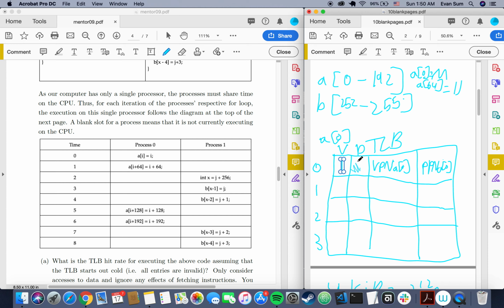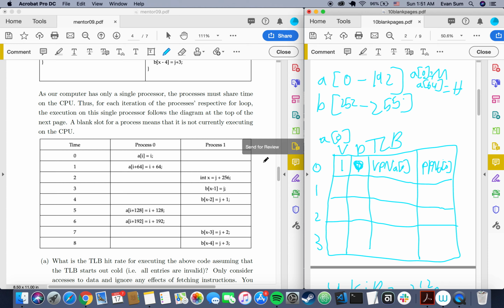Permission, I don't know what's going to be here, but it's fine, don't worry about it. The main thing is that it is valid, because we just pulled this in, and now it's valid, so we're going to get a hit here. So everything is fine here.